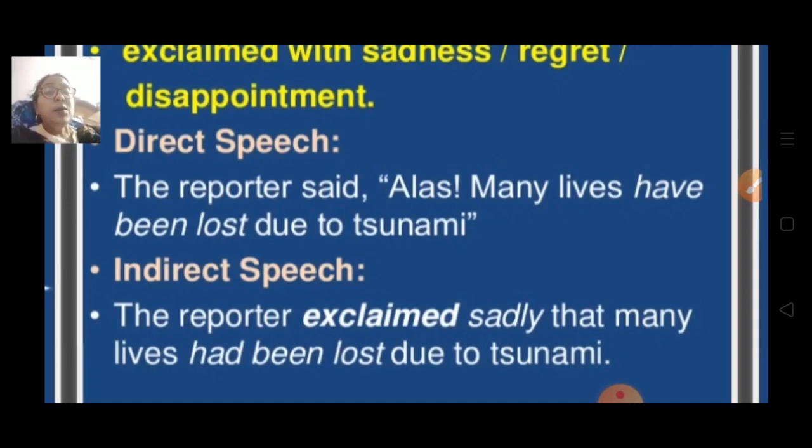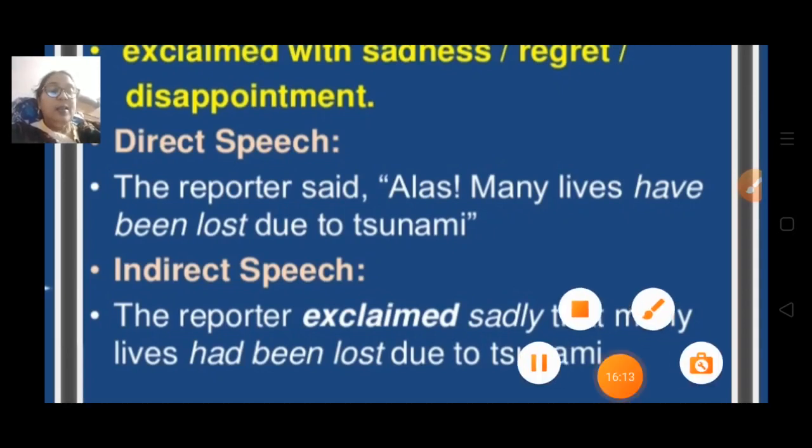But here, because "alas" shows sadness, regret and disappointment, we are supposed to use "sadly". The reporter exclaimed sadly that many lives had been lost due to tsunami. Because of this exclamation word, we are using "sadly" here.